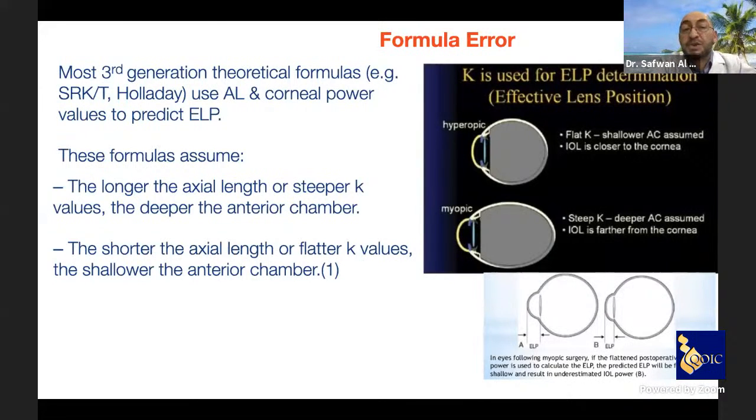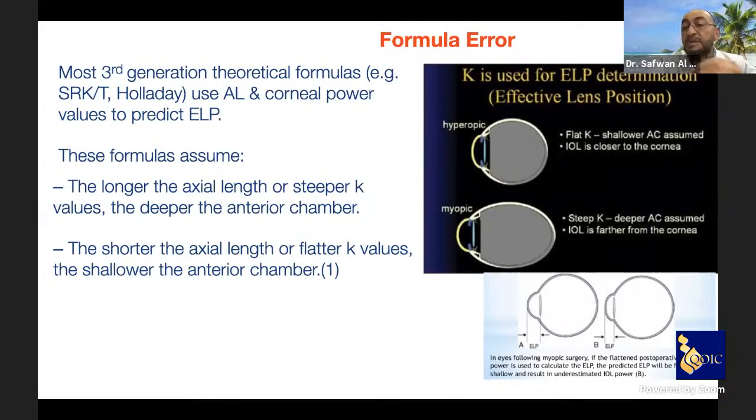Most third generation theoretical formulas, for example SRK/T and Holladay, use axial length and corneal power values to predict effective lens position. These formulas assume the longer the axial length or steeper the K value, the deeper the anterior chamber, and the shorter the axial length or flatter the K value, the shallower the anterior chamber. This is the principle of the third generation.